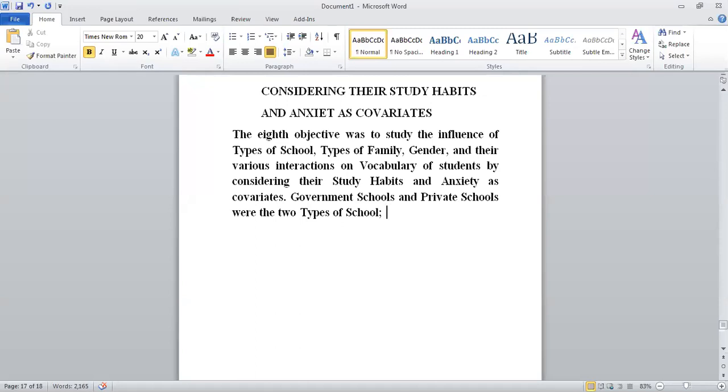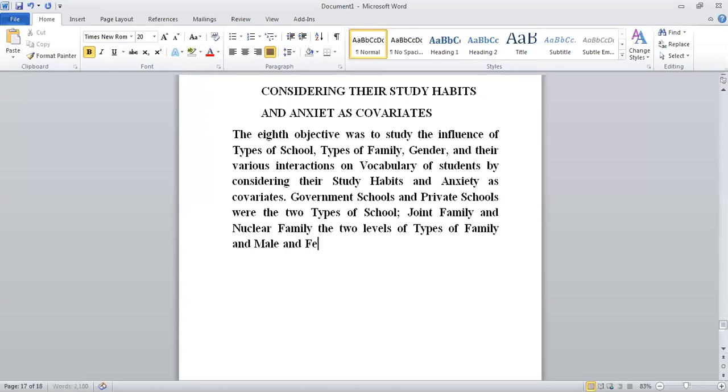You had written first the joint family and nuclear family, the two levels of types of family, and male and female, the two levels of gender.